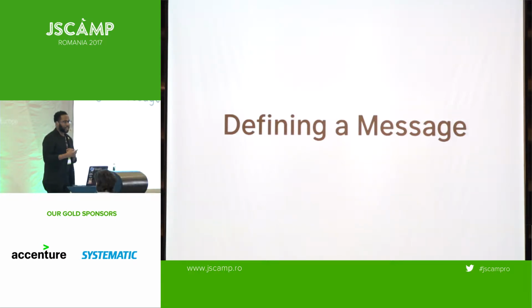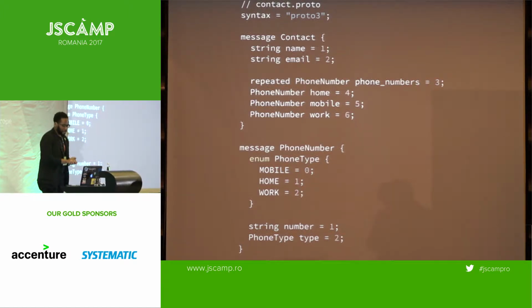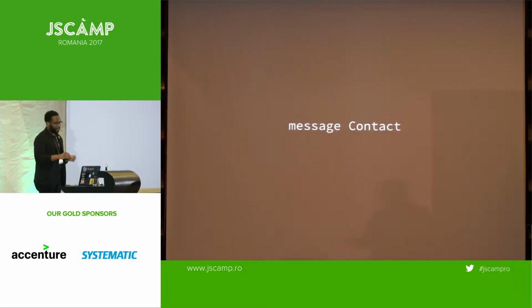You start off by defining a message. Here we have an example protobuf file. We are using a data model of a contact and a phone number. You have this keyword message Contact. Think of this as your class name. It's simply the data model that you're currently describing.